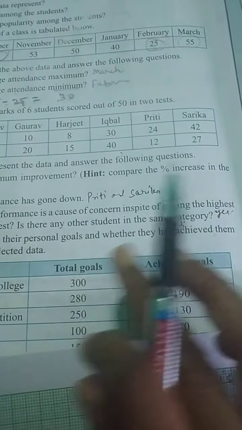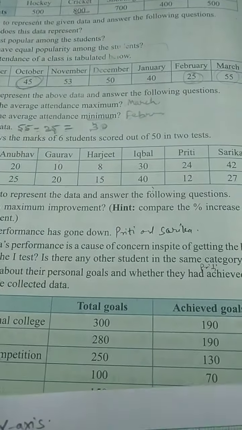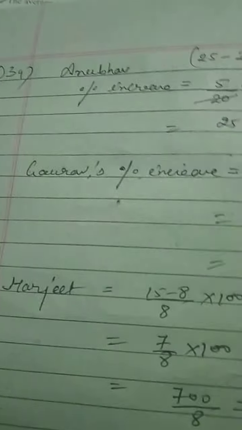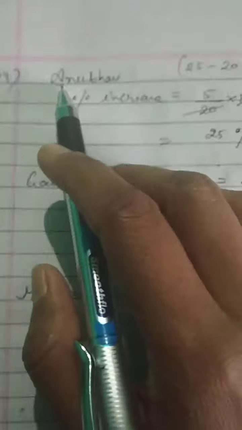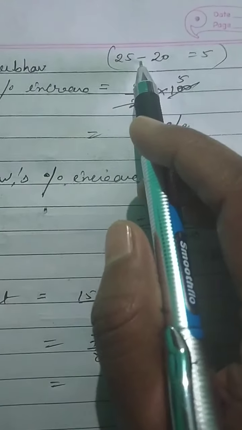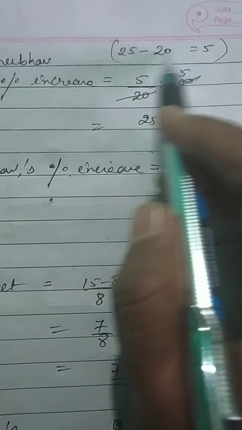So you have to first find out the percentage increase and decrease for each student, and after that we will compare who has got the maximum percentage increase. Okay, so for Anubhav, first of all we will take out the difference between the marks: 25 minus 20, that is 5.